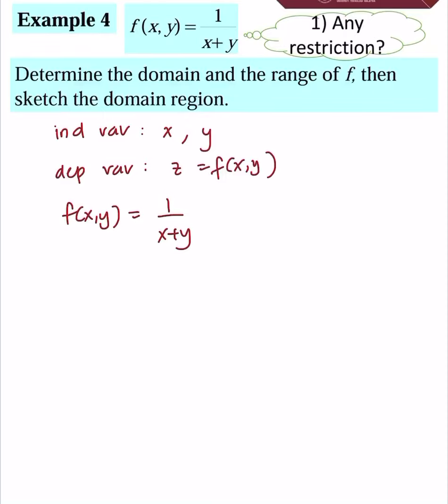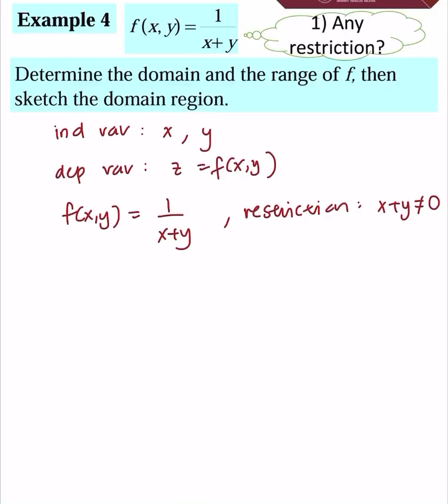The restriction is that x plus y cannot equal 0, because this is a fraction. We cannot have the denominator equal to 0. If not, the graph will be undefined.